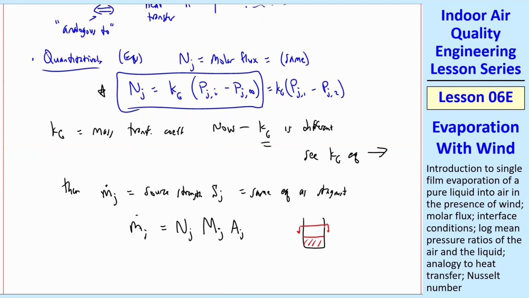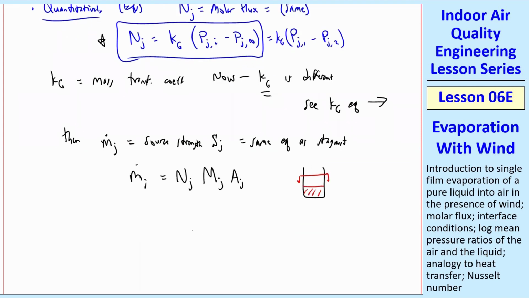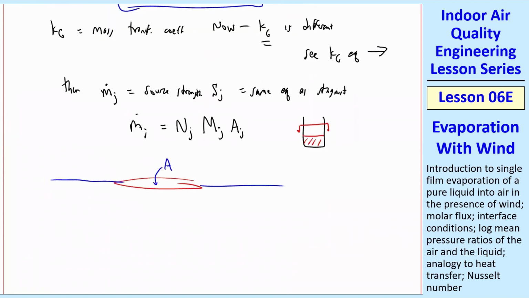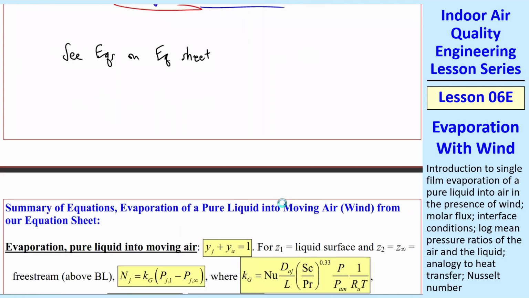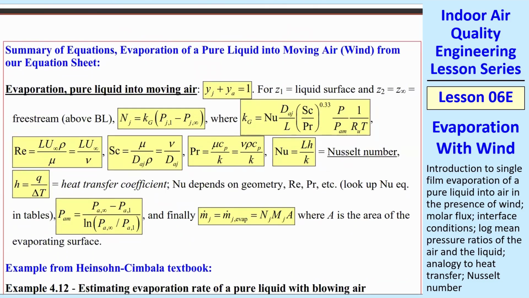It's the area of the container. Now we have some kind of a puddle along the ground, and the area is the surface area of the liquid puddle. There's a lot of equations here, and I don't want to write them all down, so I typed all this up. See all the equations on the equation sheet, and I've copied those here for your convenience.